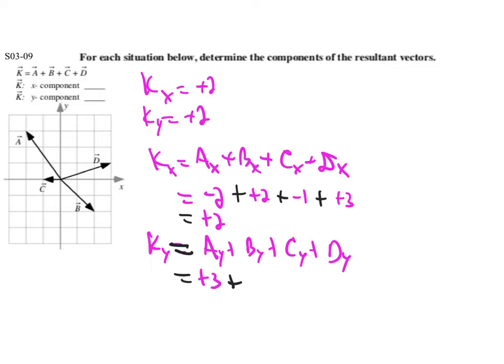And then by is this part. So that's minus 2. Cy is this part. It doesn't go anywhere. So that's a value of 0. And then dy is this, which is just 1.